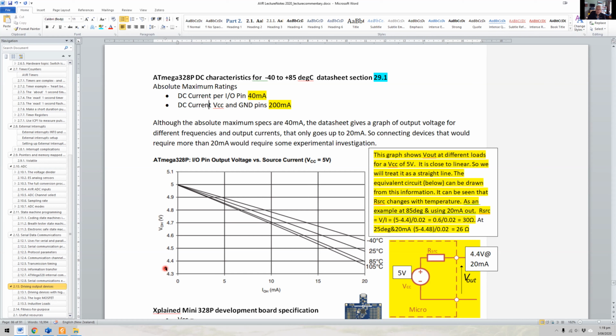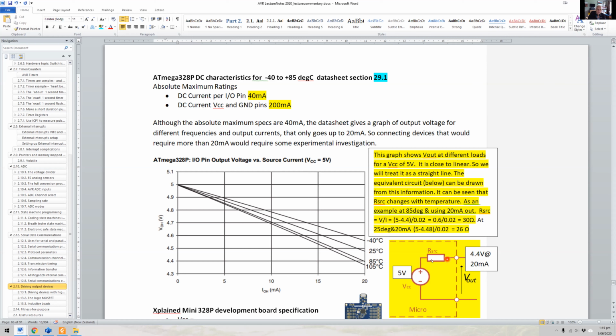But I want you to think clearly about what voltage we're looking at. This is the voltage on the pin when VCC equals 5 volts. So we've got a 5 volt source, and what we're measuring is this voltage when there is a current of some milliamps through this resistor.